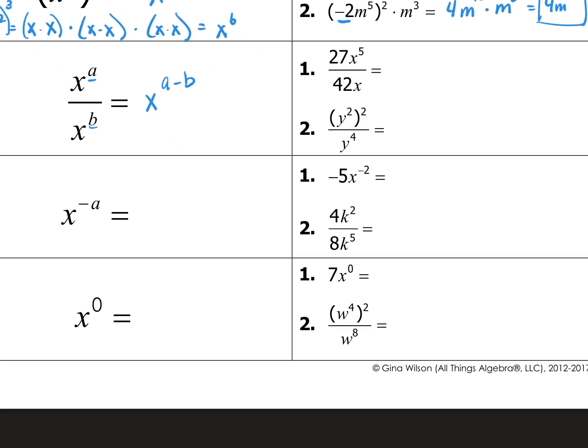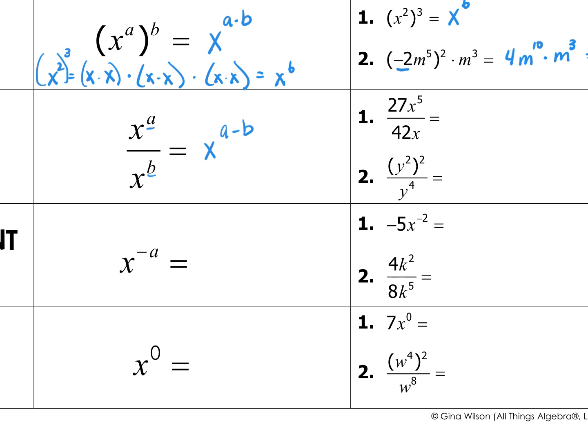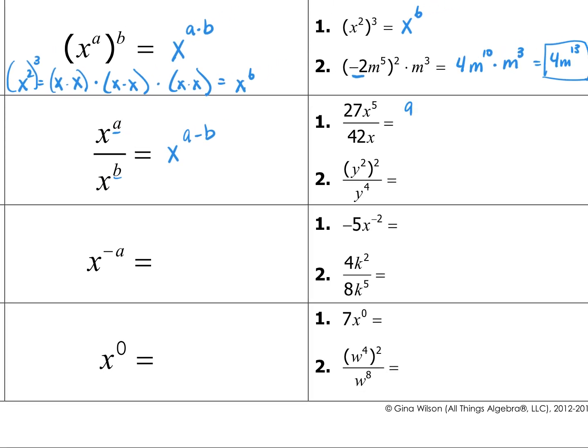If you were to do that, it would give you 9 over 14. Okay, so we've simplified that. But now, what does our x look like? Well, we're going to go 5 minus 1, and that gives us x to the 4th. Okay, this is our answer for example number 1.